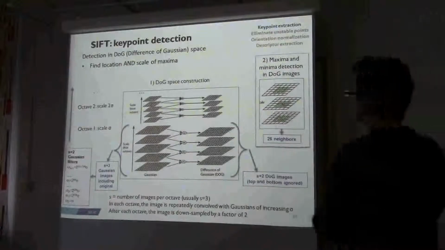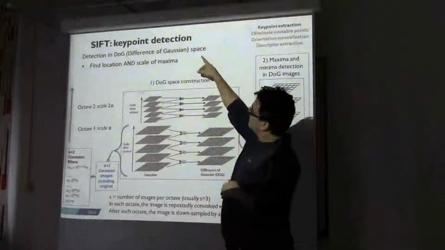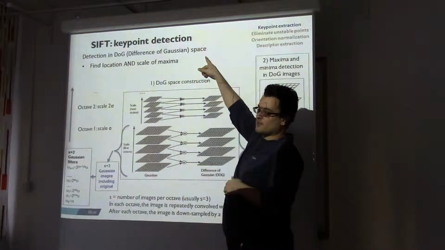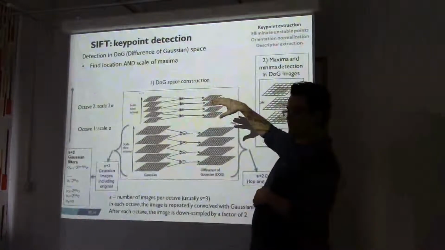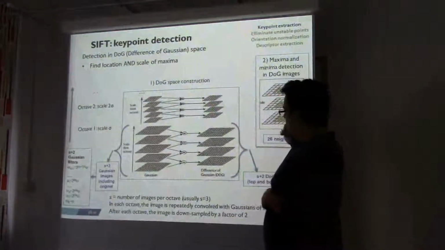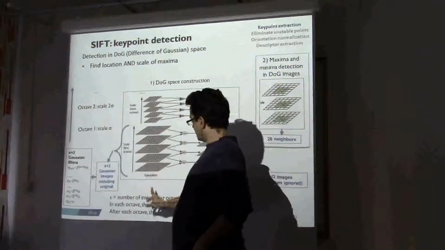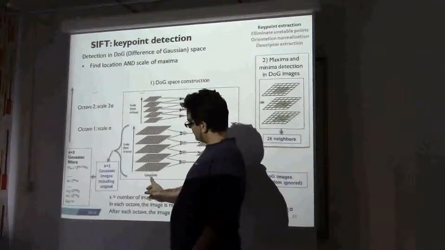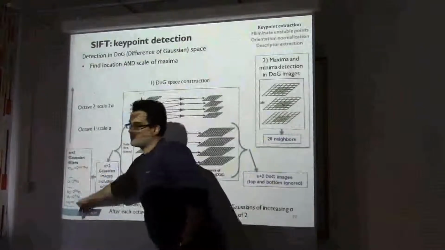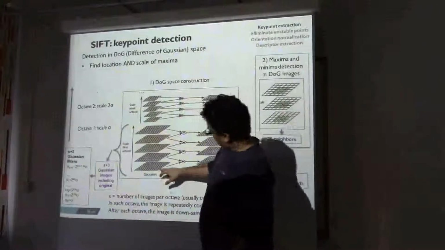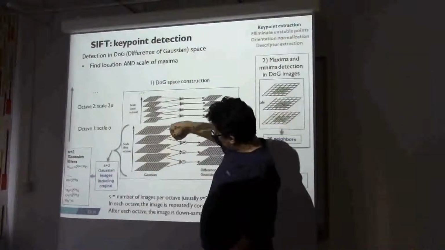Do you know the idea of the difference of Gaussian space? Have you heard about that before? Have you seen something like that before? So the idea is that you have your original image, and then you apply different Gaussians with different standard deviations here, and then you subtract these images.